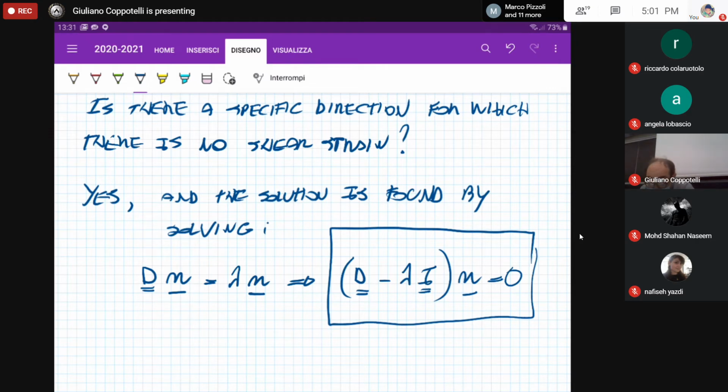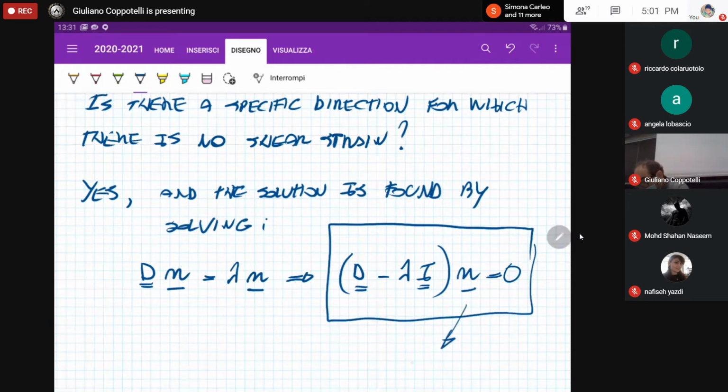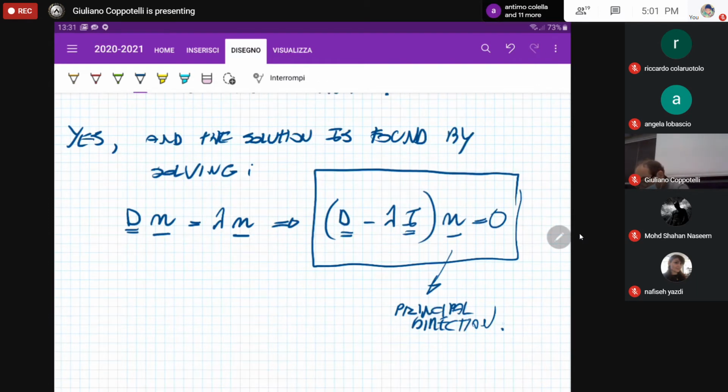The solution gives you from n the principal direction, and in a 2D way, that means alpha p, as we called it before. And here we have the maximum or minimum just by shifting by half pi.